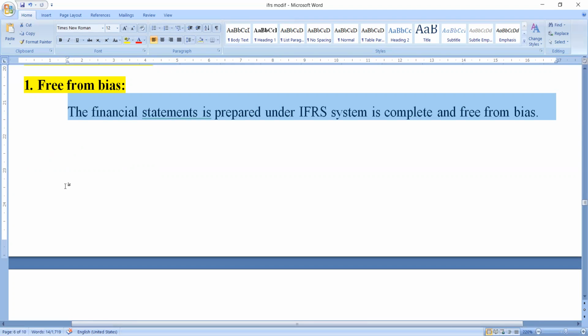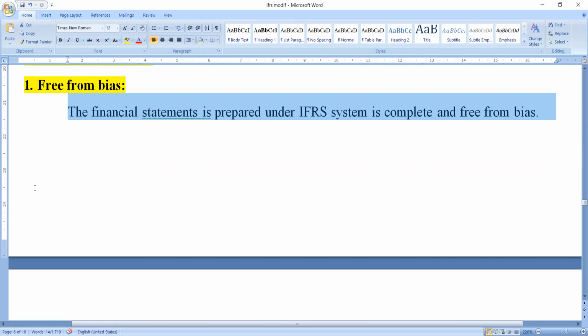These financial institutions do not interfere in the preparation and development of the set of rules and regulations applicable across the globe. When setting international standards applicable to all companies in the world, no influence affects them. Free from bias means free from difficulties, free from influence.